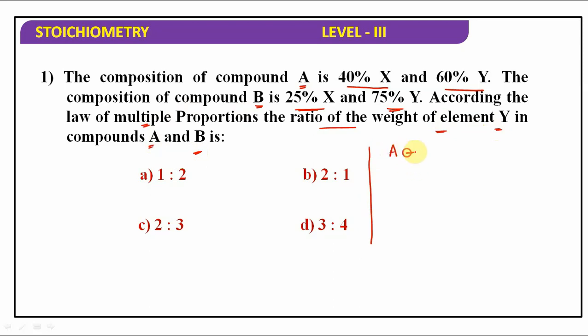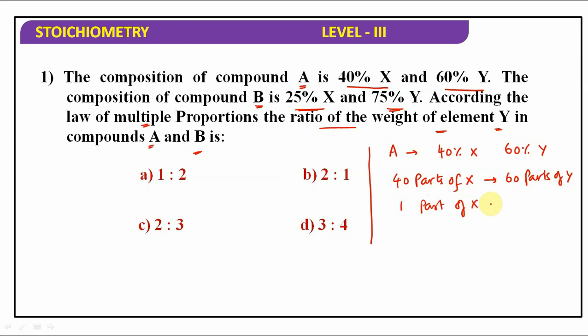Compound A consists of 40% X and 60% Y. What does it mean? 40 parts of X combine with 60 parts of Y. Do we agree? Then one part of X combines with how many parts of Y?